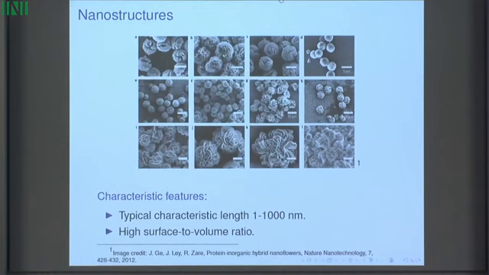And another characteristic feature is a high surface to volume ratio for nanostructures. So when we talk about nanostructures, surface area plays a prominent role. And here is a nice picture which I took from Nature. So those are so-called nanoflowers which these people created.